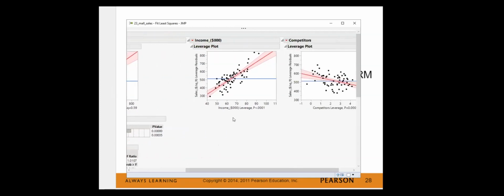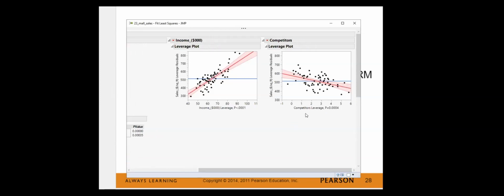And here we have income to residuals of sales, and we also have comparators to residuals of sales. They show a linear relation. So the association between comparators and sales is linear according to the residuals, and also the same for income.